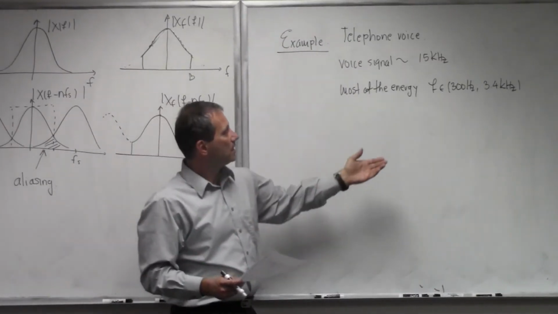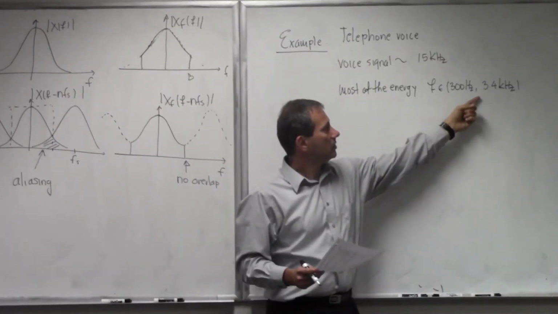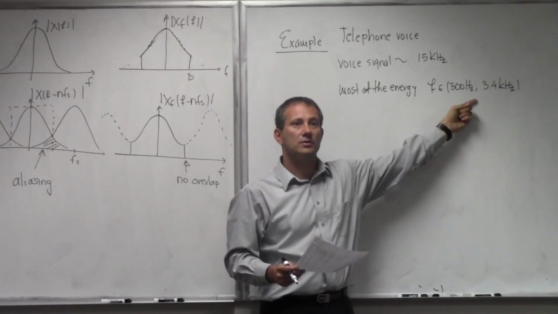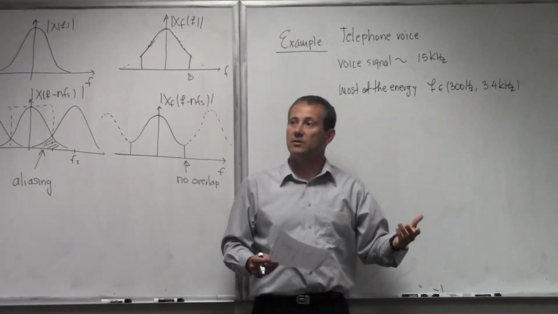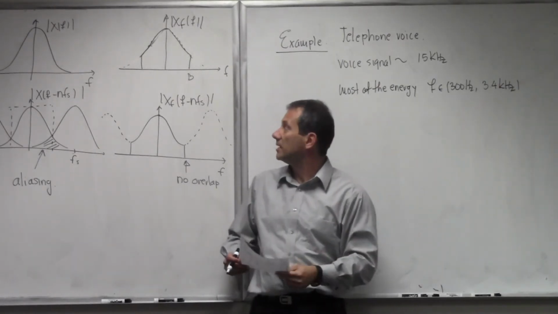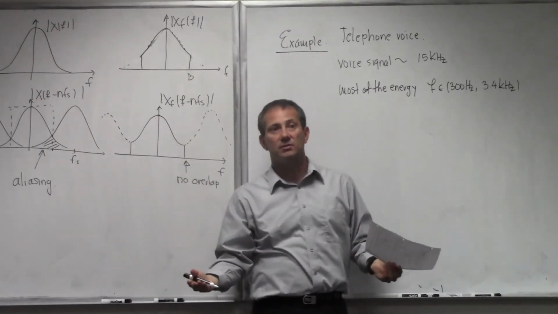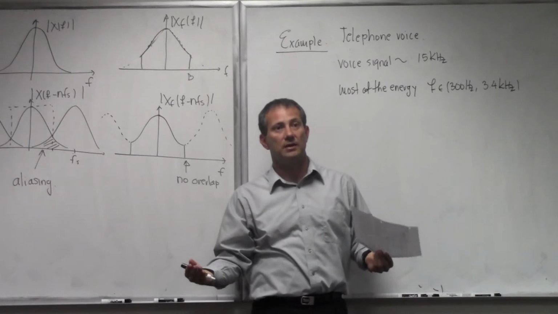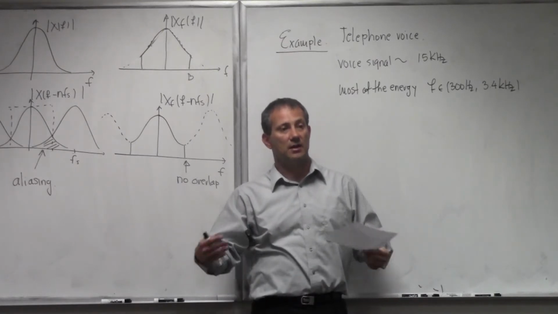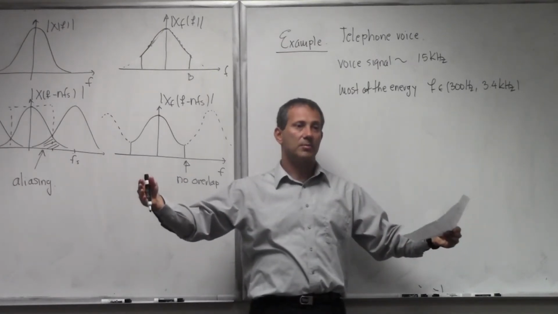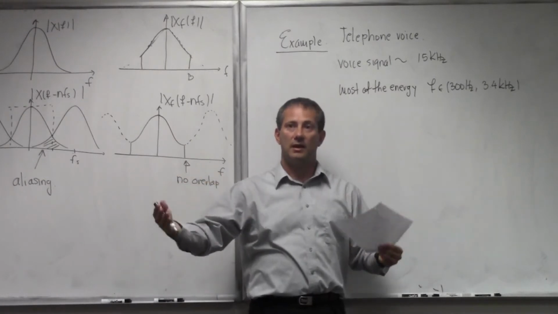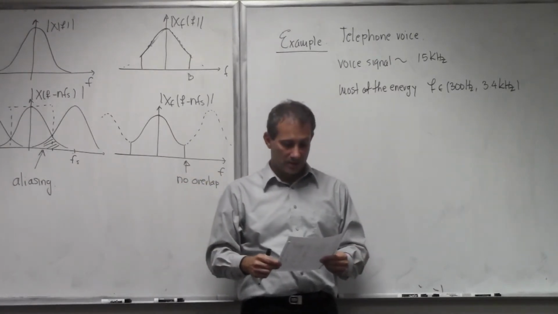So this says, okay, if I limit my voice signal to 3.4 kilohertz, then I can sample it comfortably. I can declare that my bandwidth is 4 kilohertz, and I can sample it comfortably with 8 kilohertz, 8 kilosamples per second, and have a nice separation in the frequency domain and ability to reconstruct this easily.